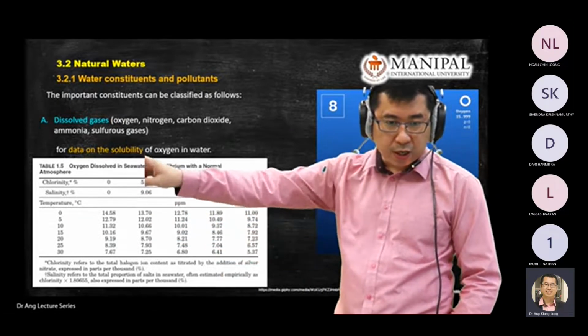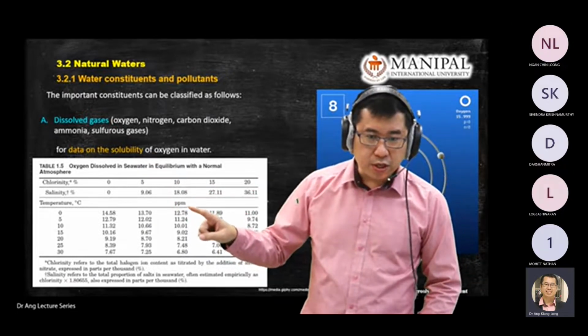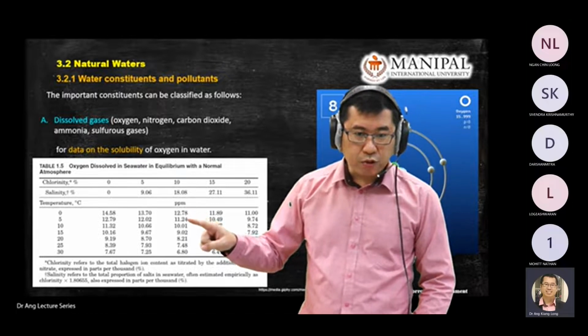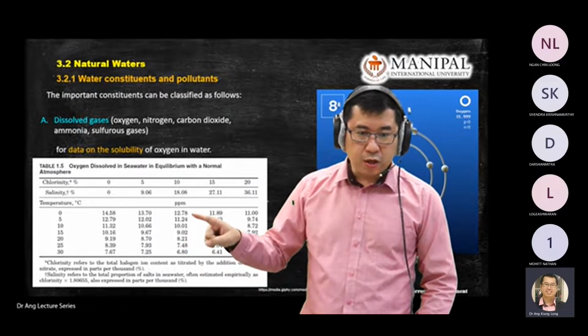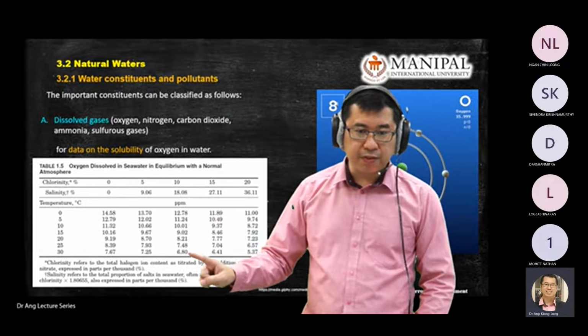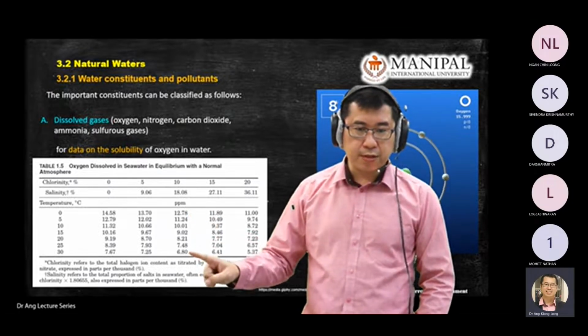As you can see, the oxygen ppm at 0 degrees C in seawater is 12 point something, and if you increase the temperature to 30 degrees C, the oxygen available in the seawater also drops almost 50%. Right, 12 becomes 6.